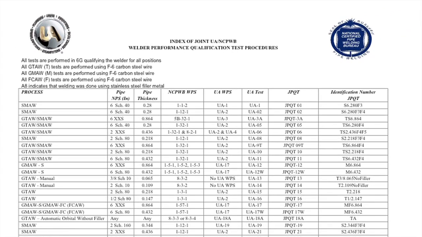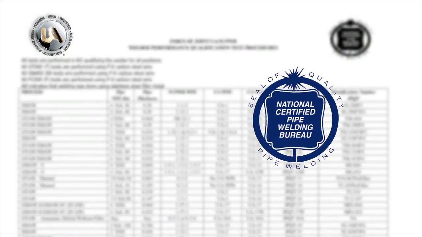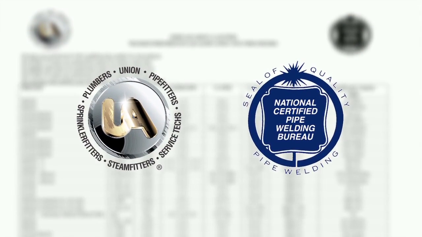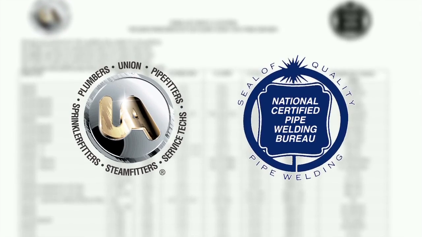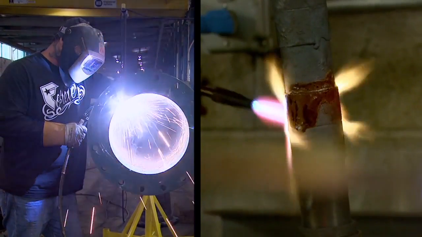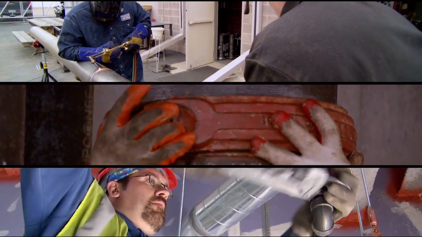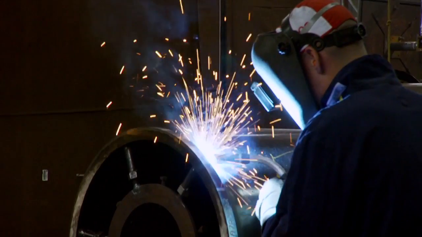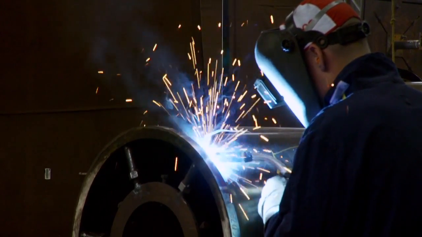As a result of the partnership of NCPWB with the United Association, welders go through a 5-year apprentice training program where they not only learn to weld and braze, but they also learn to cut, fit, and install piping safely and efficiently in accordance with the B31 codes and the engineer's drawings and specifications.